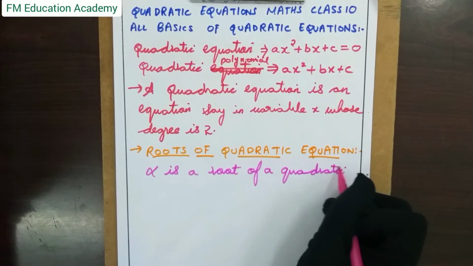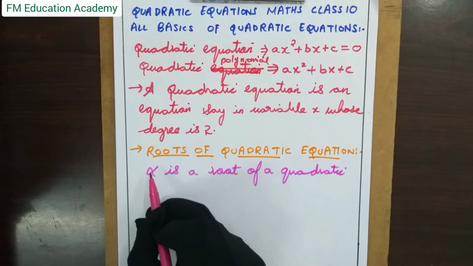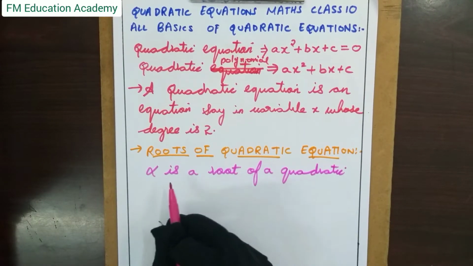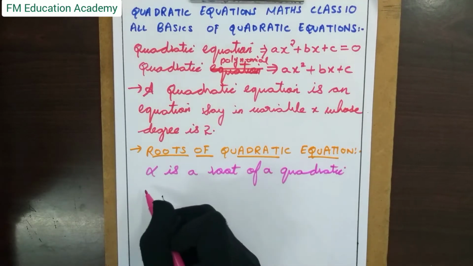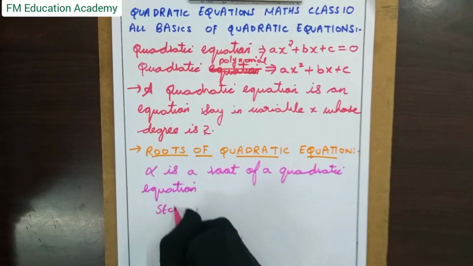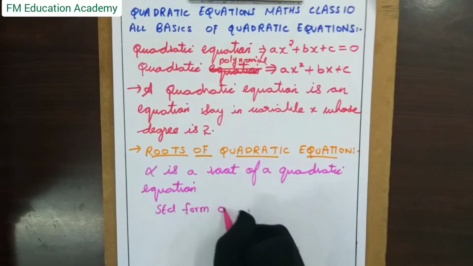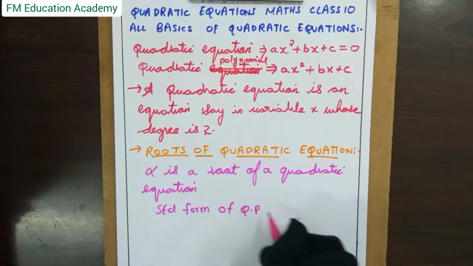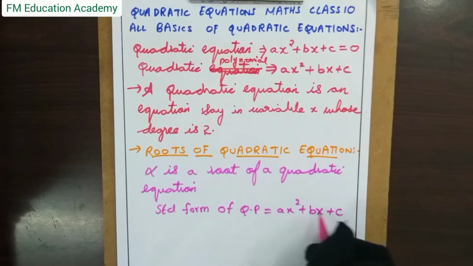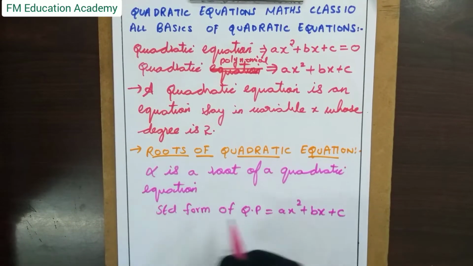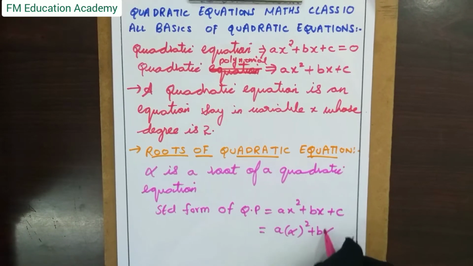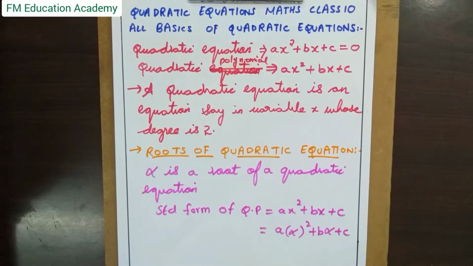The standard form of quadratic polynomial, QP, is ax squared plus bx plus c. Since alpha is the root, instead of x substitute alpha, so a alpha squared plus b alpha plus c. This is how you do it.